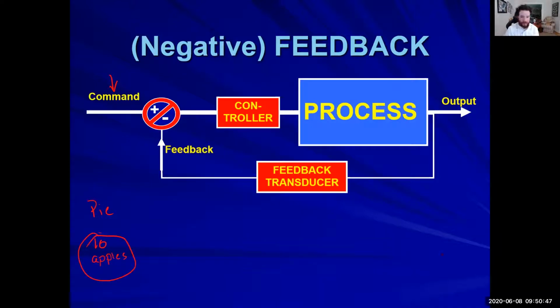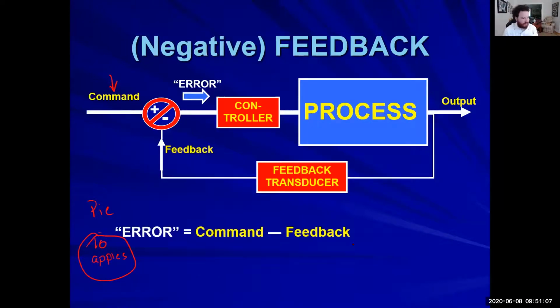And every single time it goes into the process and comes back out, and your process is grabbing an apple off of the food store shelf and putting it into your cart, that's your process. Your error is your command minus your feedback.